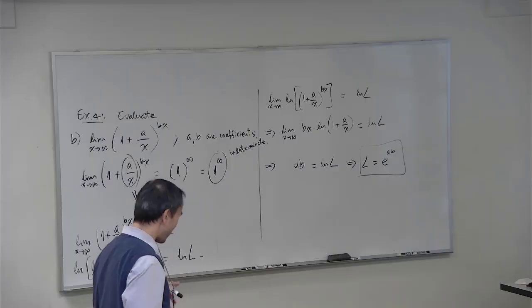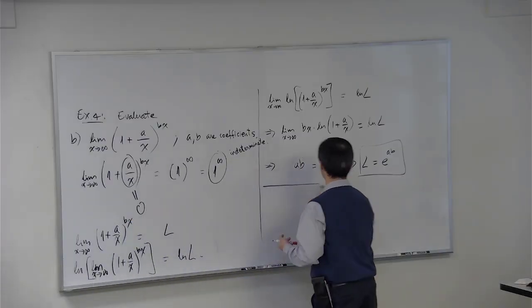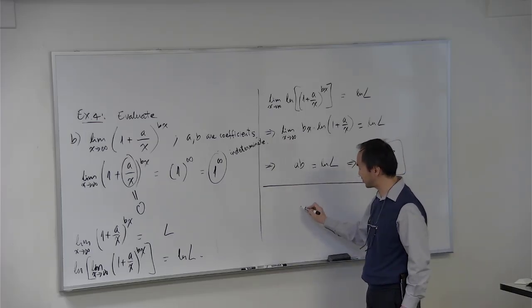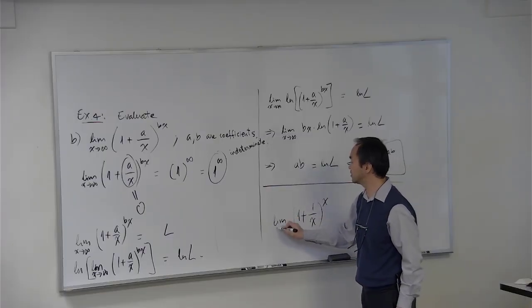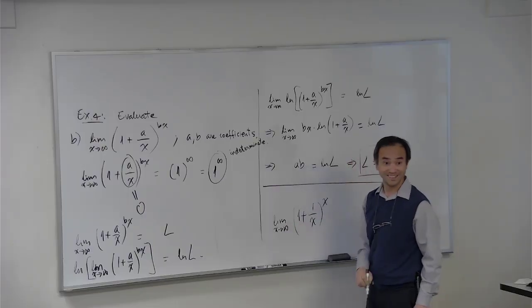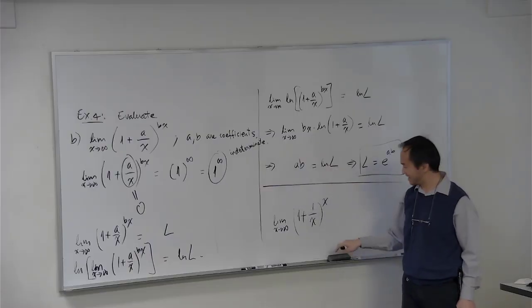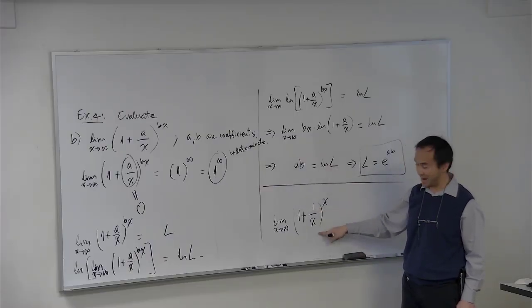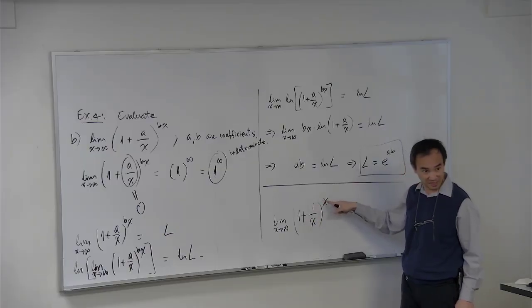But this problem has a significant impact in a lot of your work later on. Most fundamentally, there's this function: 1 plus 1 over x, raised to the power x. You will see this once in a while. It's a good application of the problem we've just done. Here a is 1 over x, so 1 plus a over 1, times bx is 1 times x.